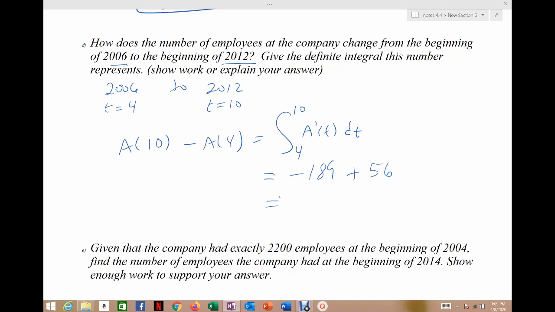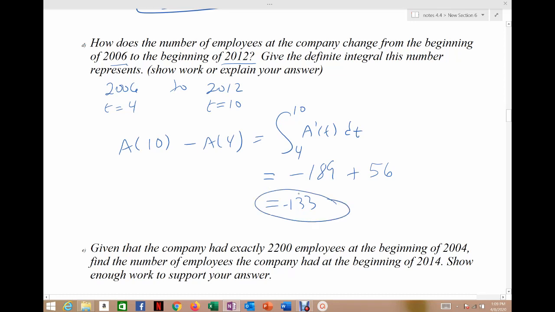Make sure I get it right, so I'm going to type it in. 189 minus 56, or plus 56, so 133, negative 133. All right, so there was a net loss.